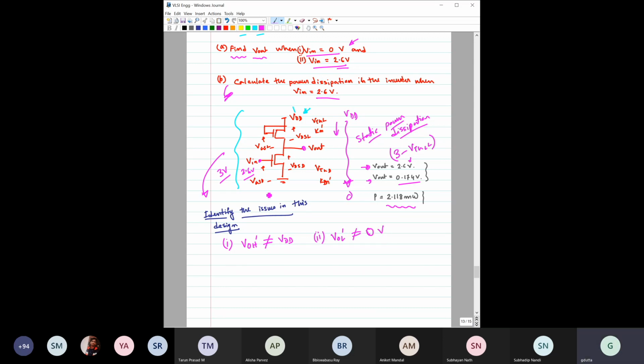So both are different from the rail voltage. The third one, as we have seen, is static power dissipation. This is another issue. So please think and tell me if I am missing any other issue.